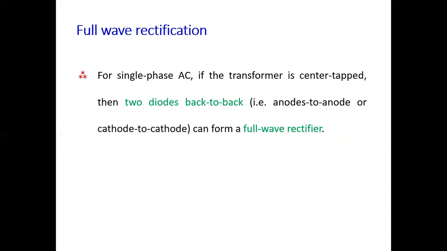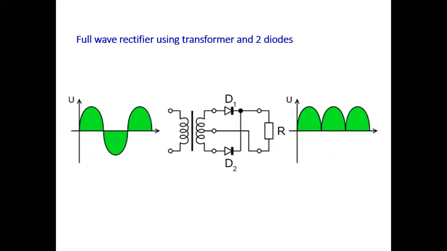Full wave rectification is derived from the half wave rectification. For single phase AC, if the transformer is center tapped, then two diodes back to back, anode to anode or cathode to cathode, can form the full wave rectifier. Here we have two diodes, D1 and D2.